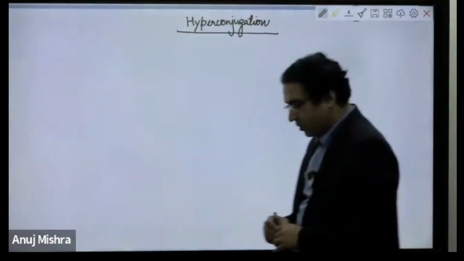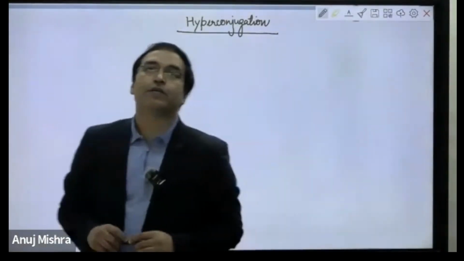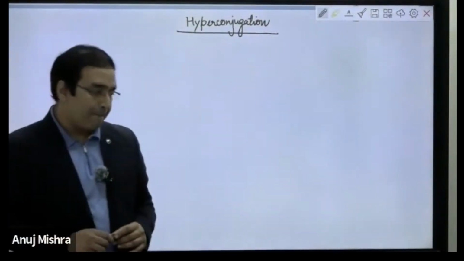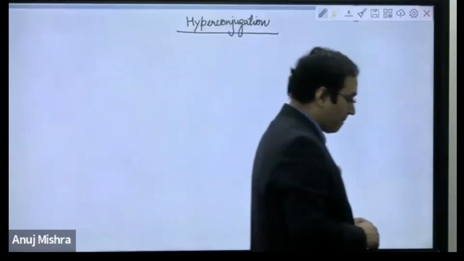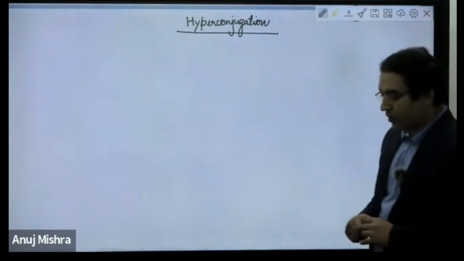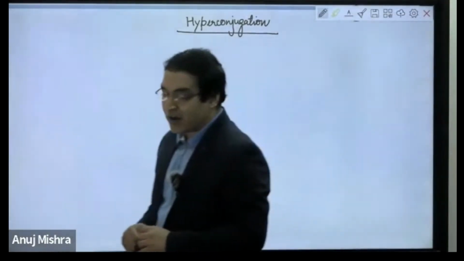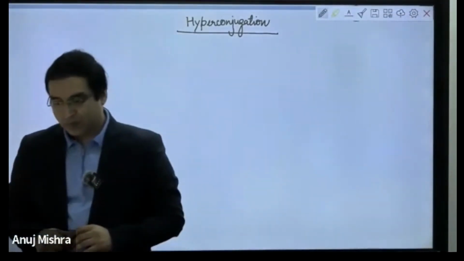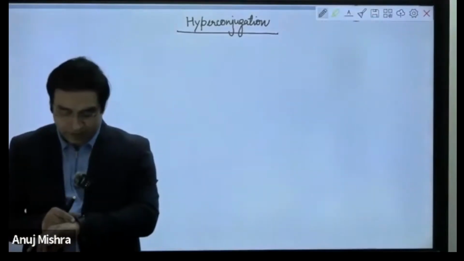Okay. And stability of aromatic compounds connected with alkyl groups. Aromatic compounds connected with alkyl groups.